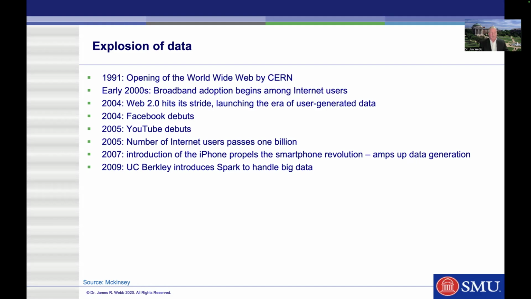But now it's exploded. By the early 2000s, broadband comes along. 2004, Web 2.0. 2004, Facebook. 2005, YouTube. 2005, number of internet users passes 1 billion. 2007, iPhones. And then 2009, UC Berkeley introduces Spark to start handling big data.